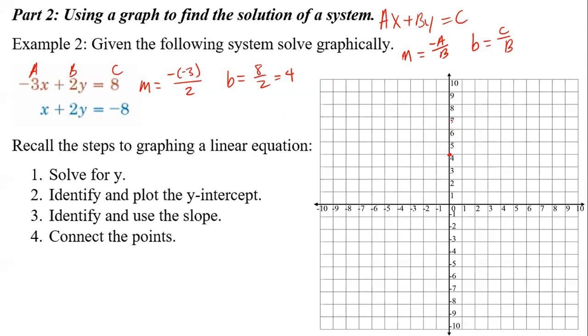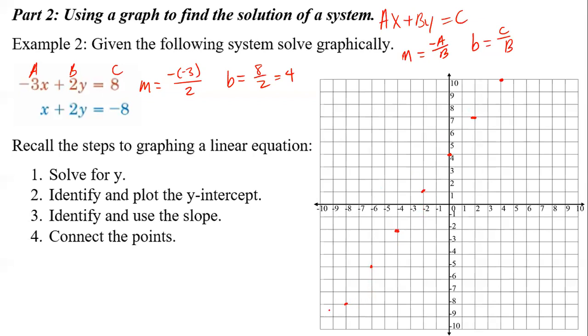1, 2, 3, 1, 2. And I'm going to repeat that, 1, 2, 3, 1, 2, and keep going.